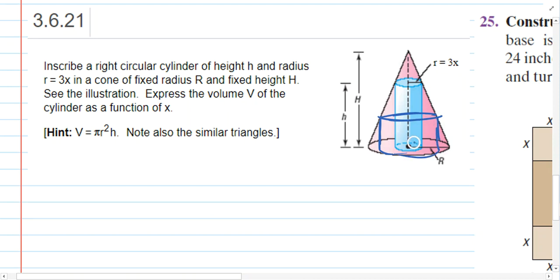It'd be a much wider cylinder, but shorter. We can have a very narrow cylinder tucked inside, or an even wider cylinder fit down here. And each one of those cylinders is going to calculate to a different volume.